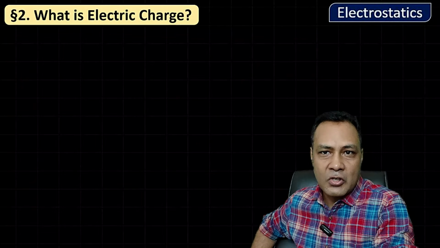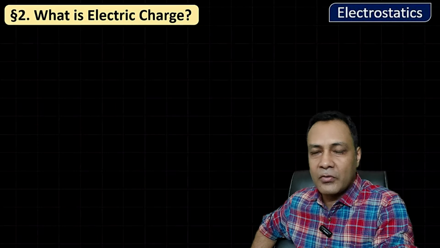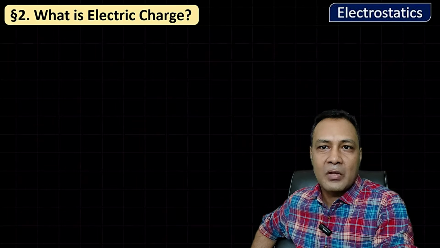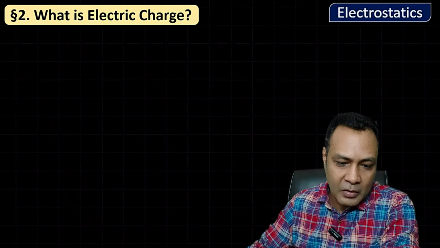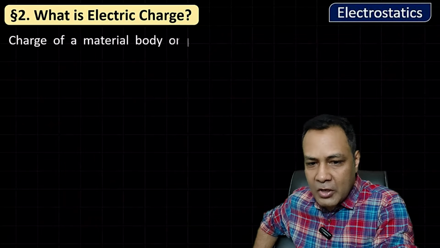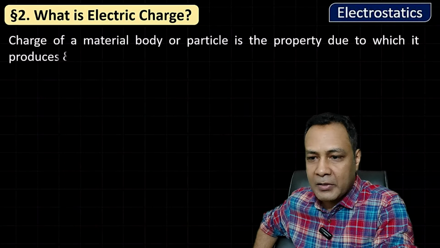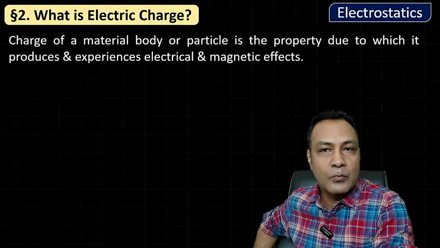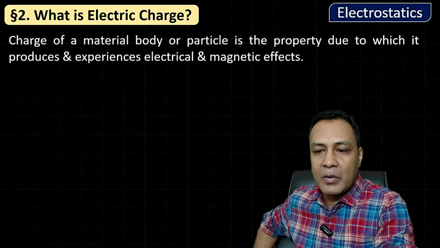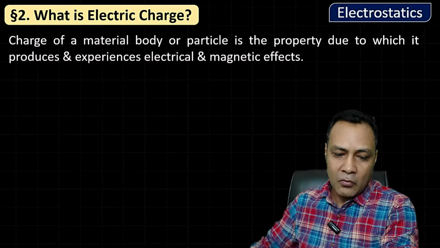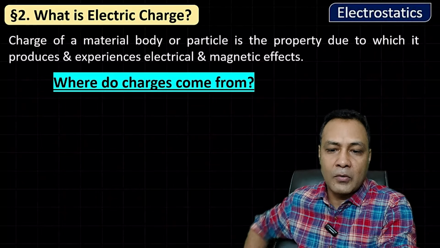So we can say that charge is the fundamental property of matter that is responsible for electromagnetic effects. The charge of a material body or particle is a property due to which it produces and experiences electrical and magnetic effects.